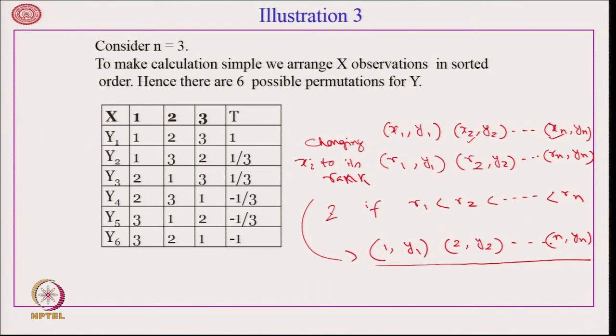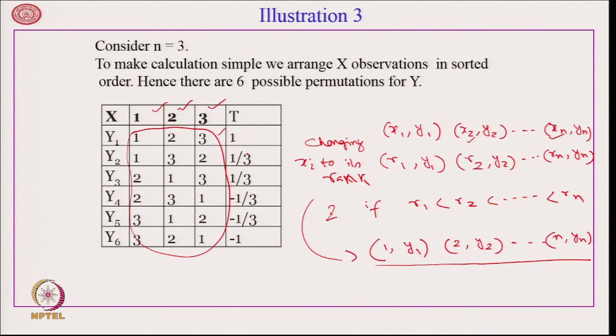Now, we have 3 pairs of observations. Let us sort x in increasing order 1, 2, 3, and then for y we can have all the 6 possible permutations: 1, 2, 3, 1, 3, 2, 2, 1, 3, etc. And then we can compute tau with respect to each permutation.